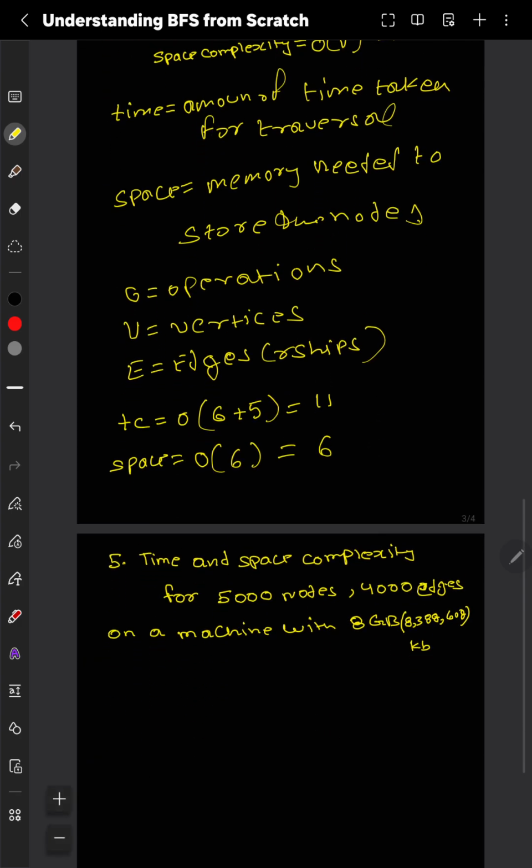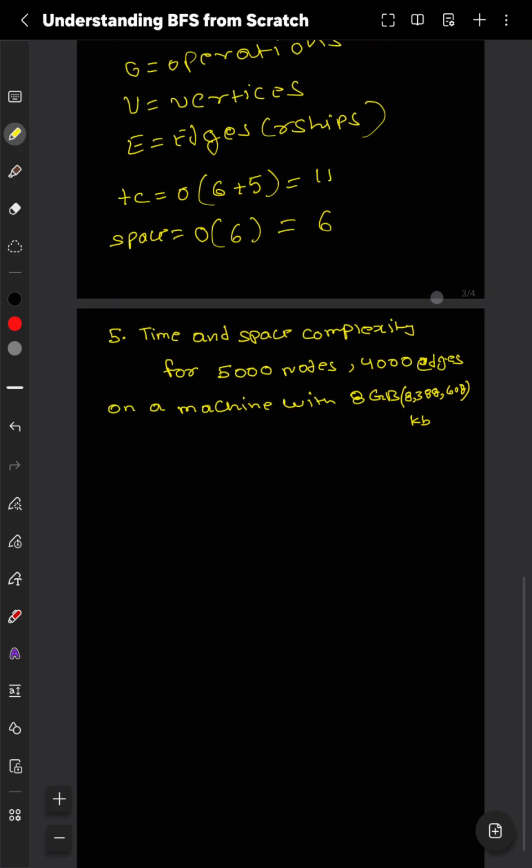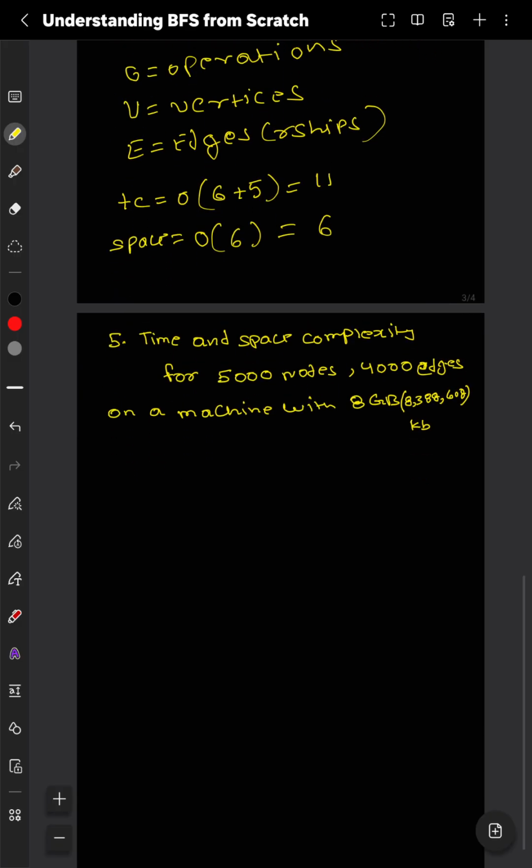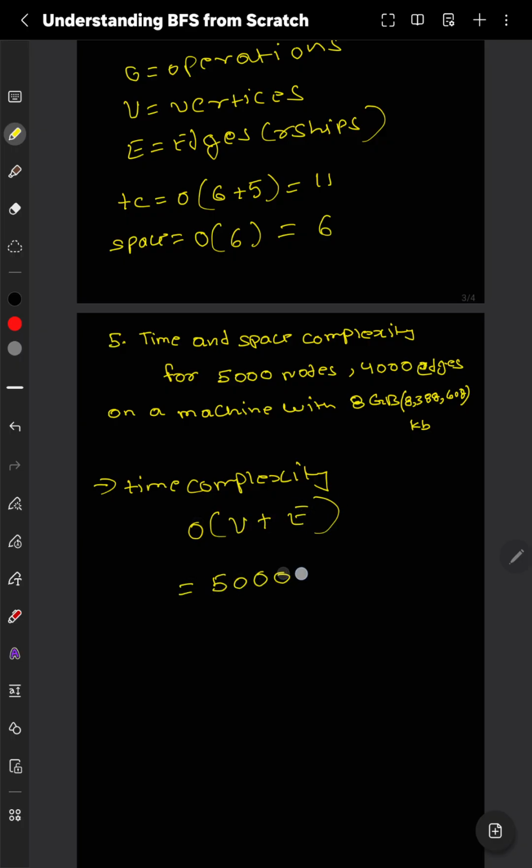Let's now calculate this for a sample of 5000 nodes and 4000 edges when you have a machine with 8 GB of RAM. Okay, so let's first calculate the time complexity. So how much time should be required? Our time complexity formula is O = V + E, so that is equal to 5000 plus 4000, that is equal to 9000.